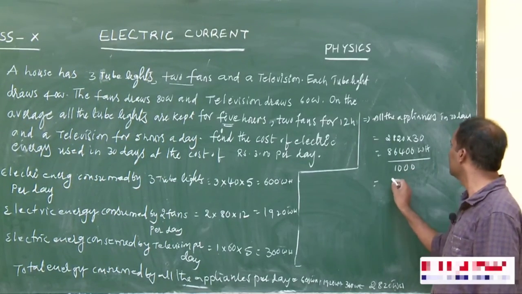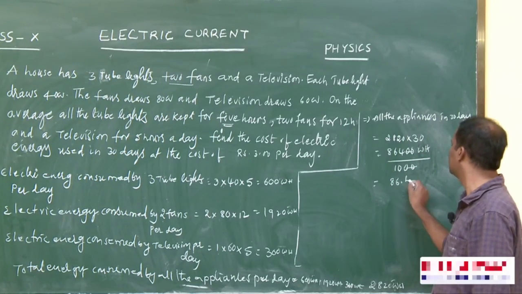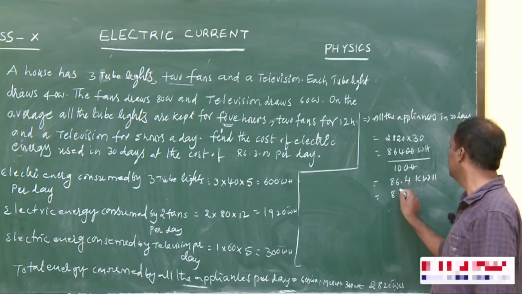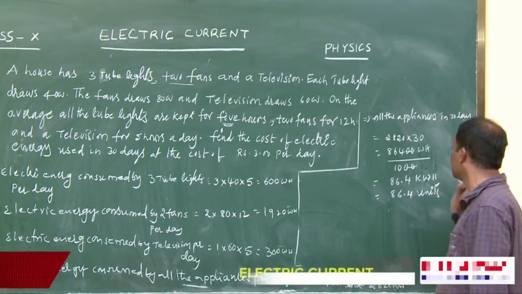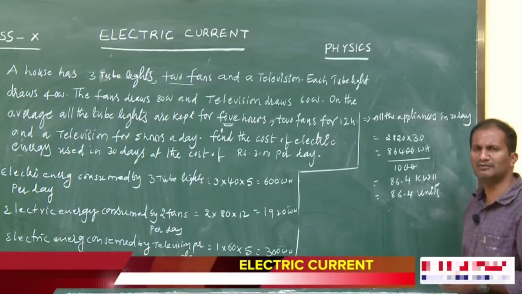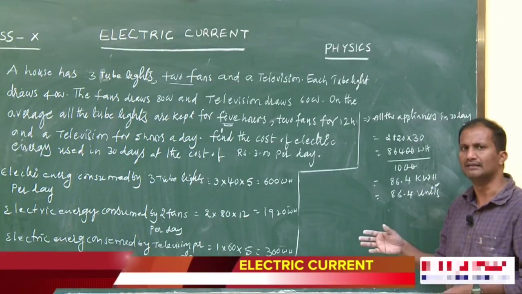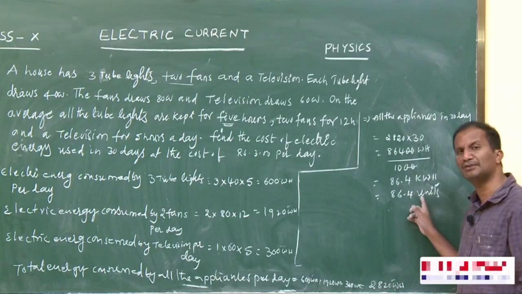So 2 zeros get cancelled. 86.4 kilowatt hours, that equals 86.4 units. Clearly, the amount of electric energy utilized by all the appliances per month is equal to 86.4 units.